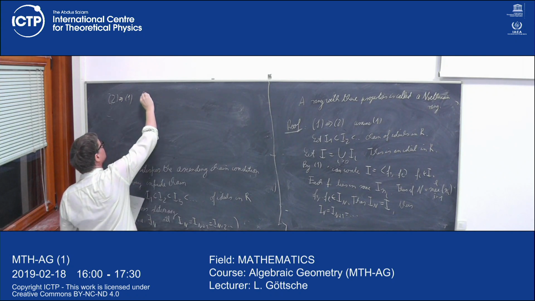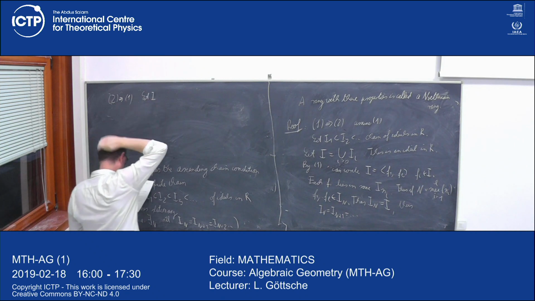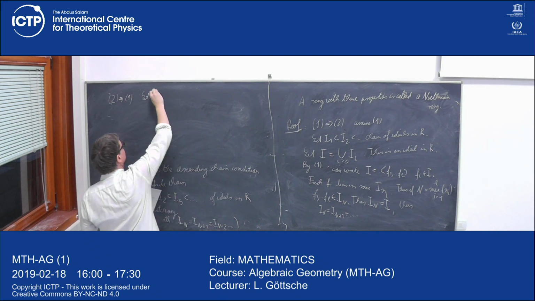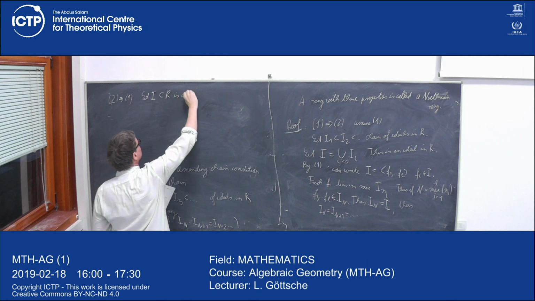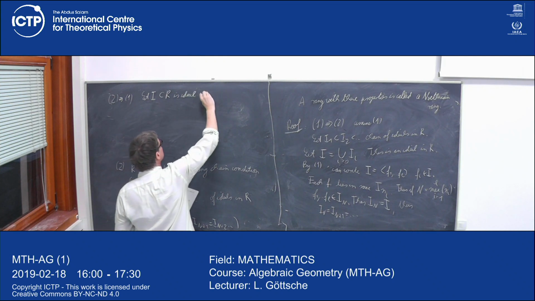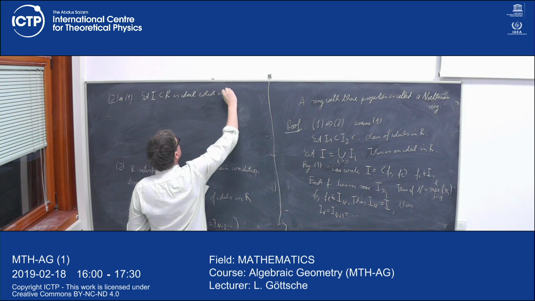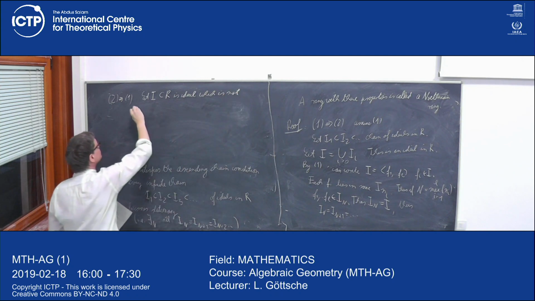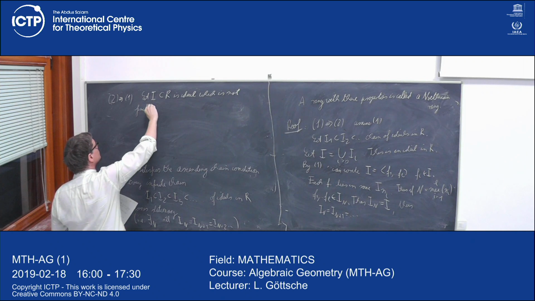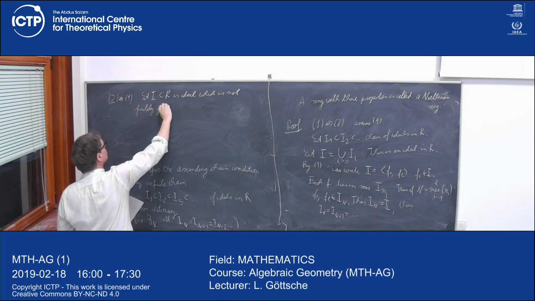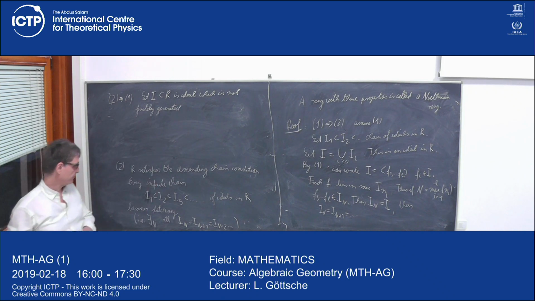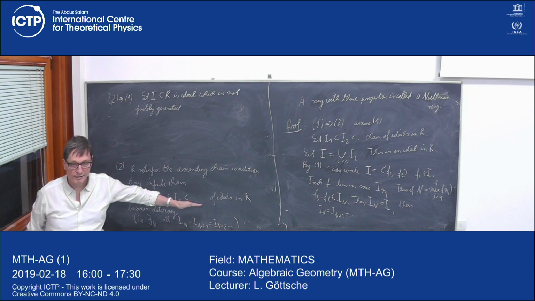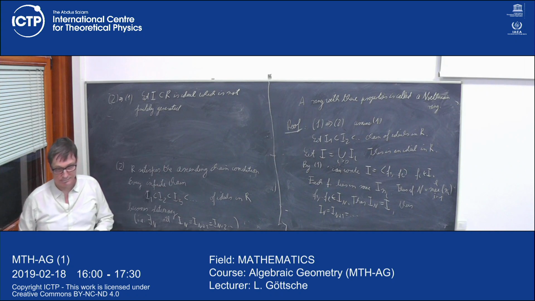Let us now make a contraposition and assume that I is an ideal which is not finitely generated. If such an ideal exists, we have to be able to find an infinite chain of ideals which does not become stationary.